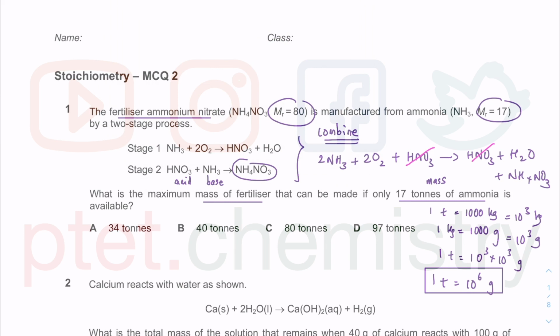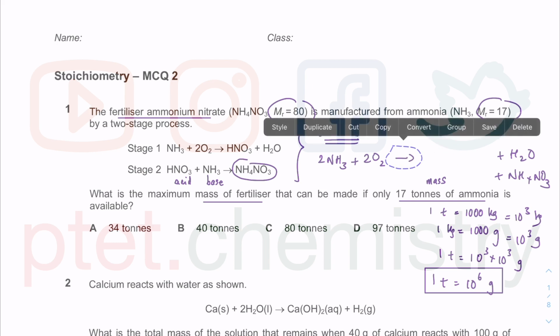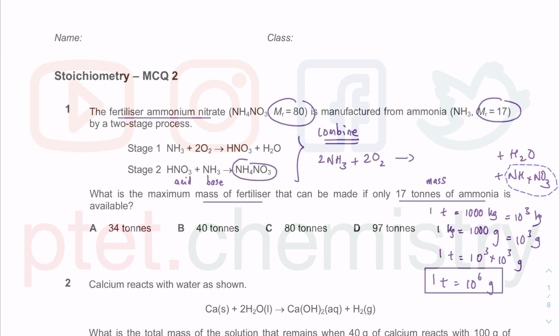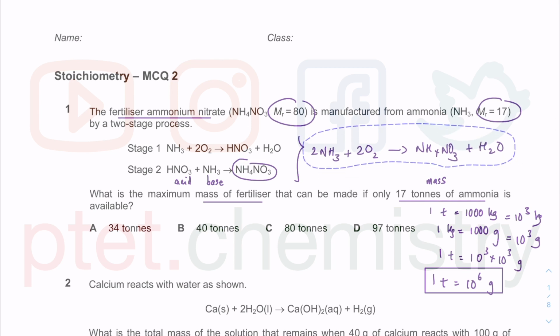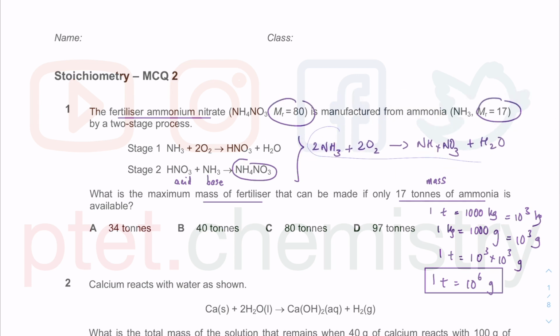So realistically speaking, the HNO3 is present in the multi-step reaction, but I don't really need it in my overall equation because that would just complicate my mole calculations. I just want to keep things simple. So that is my overall balanced equation that I can use for my mole calculations.